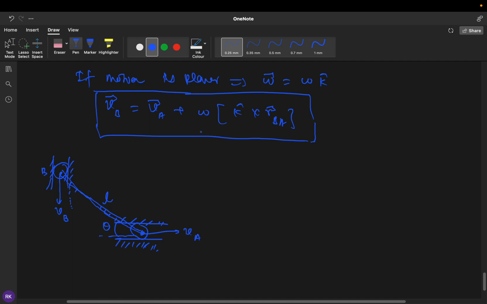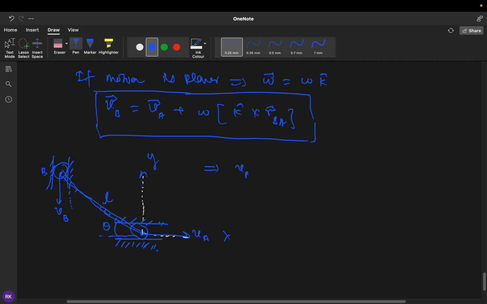So we will use the same equation, the above equation. It has already been given that the velocity of this roller is in the i direction. Now I am assuming the reference axes like this: this is X, this is Y. It is already given that the velocity of roller B is in the Y direction.